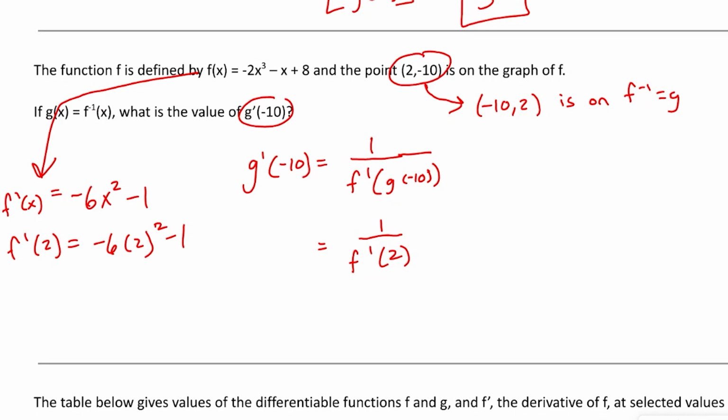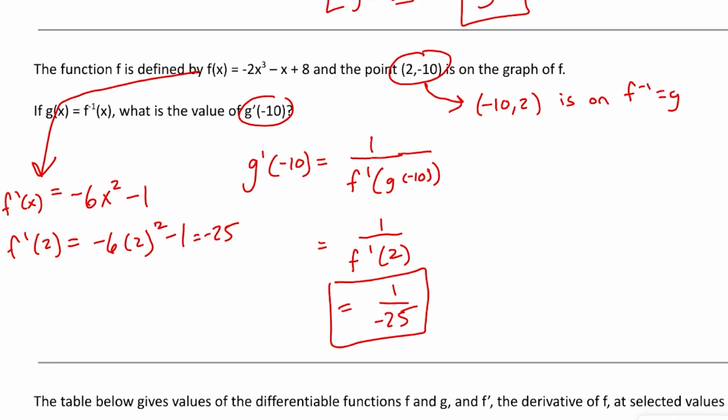So what is that going to be? -24 minus 1 is -25. So this will equal 1 over -25. Any questions about number 2?